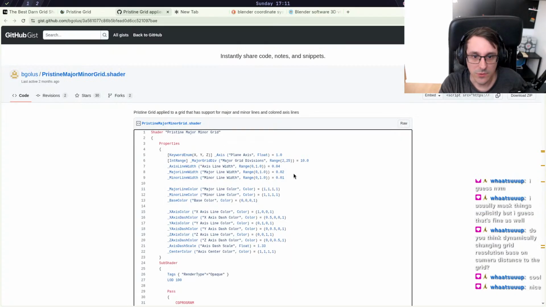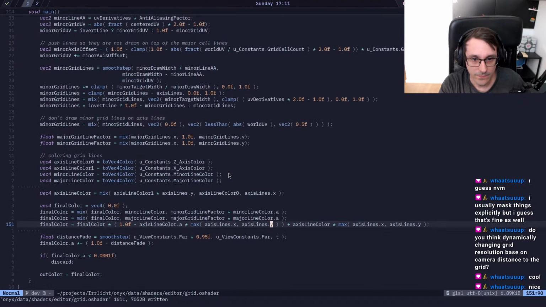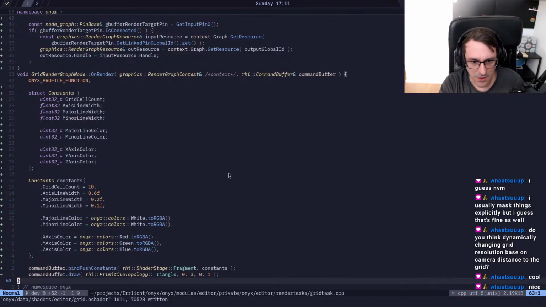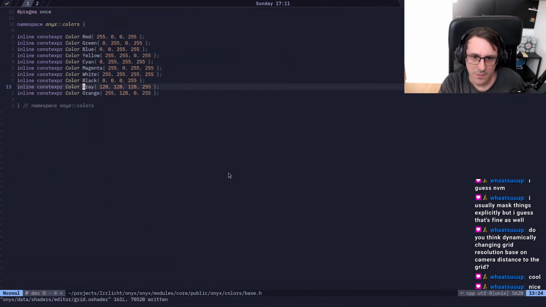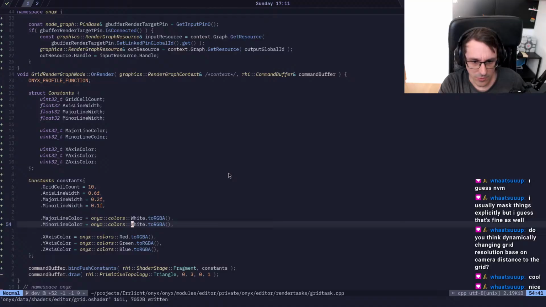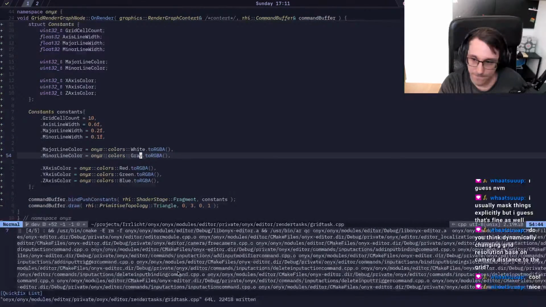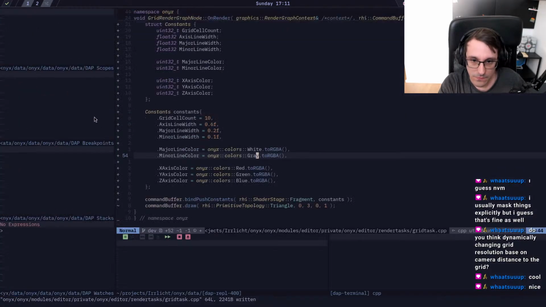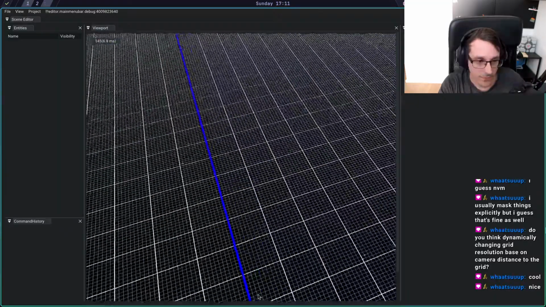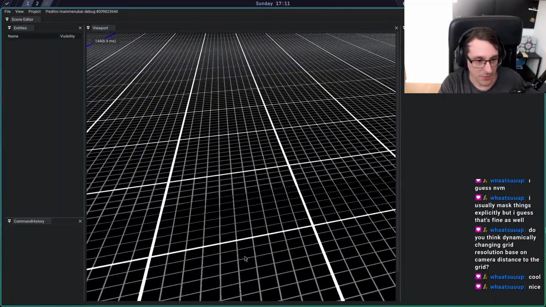So let's maybe do... Do I have a color though, is the question. I mean, I guess I have a gray, so we could probably do minor in gray. Or something like that. Okay, yeah, I mean, that already looks a little bit better.